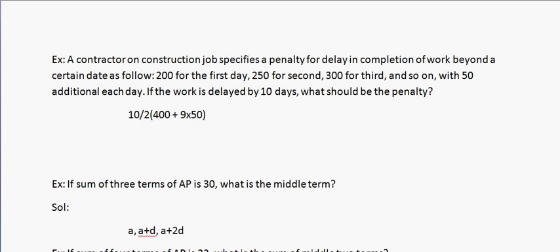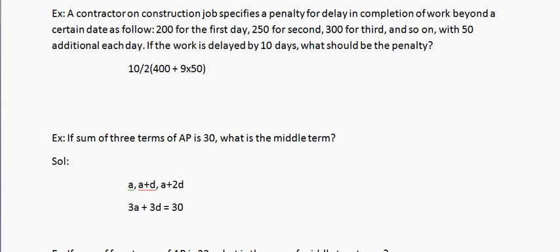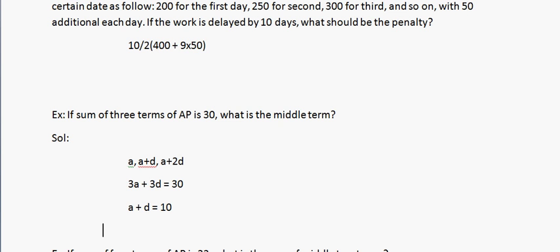What we are given is the sum of these 3 terms, which means 3a plus 3d is equal to 30, and hence a plus d is equal to 10. So a plus d is the middle term, and it comes out to be 10.